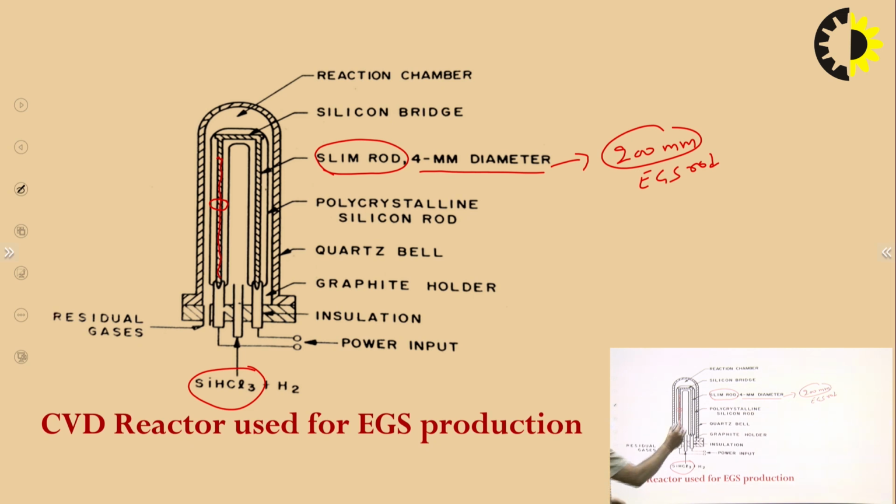Okay, we can see this is the slim rod, and this shows the diameter of the EGS rod that is obtained when trichlorosilane is converted into silicon, and this silicon is deposited over this slim rod, and the diameter keeps on increasing and it can go up to 200 mm.